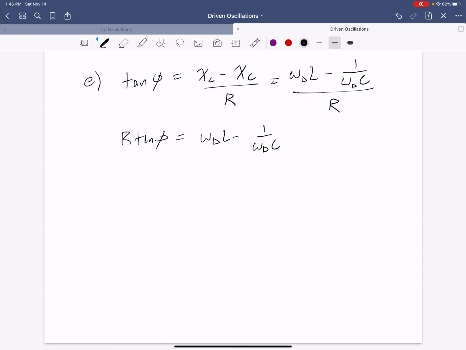Then bringing chi C to the left side, dividing through by omega, and switching sides because I am weird like that, we have R tan phi plus chi C, and that's actually omega squared on the bottom. Plug everything in and we should get 1.36 henries.